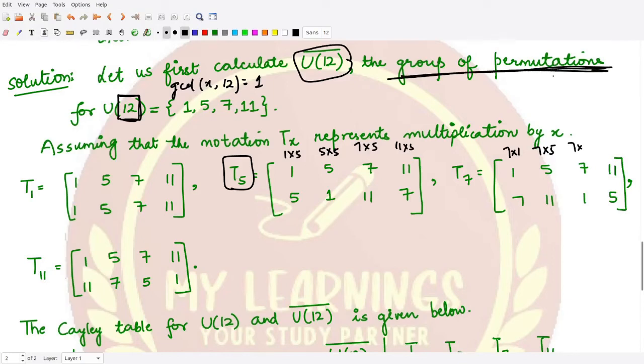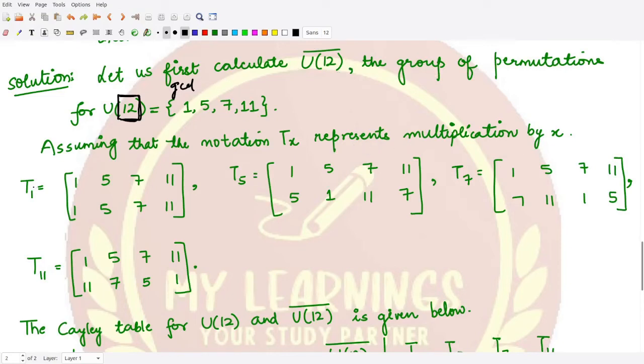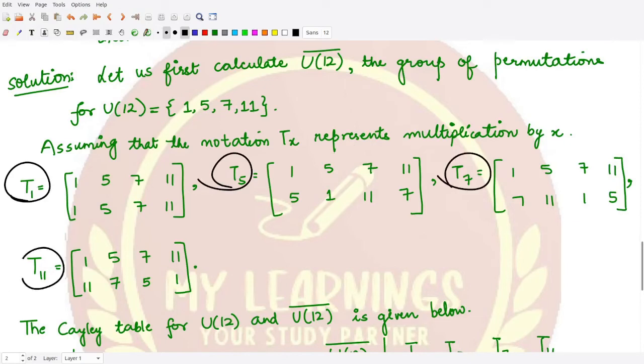So according to Cayley's theorem, the group U12 and the group U12 bar, consisting of these 4 elements T1, T5, T7, and T11, are isomorphic to each other.